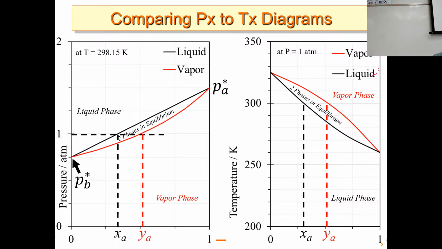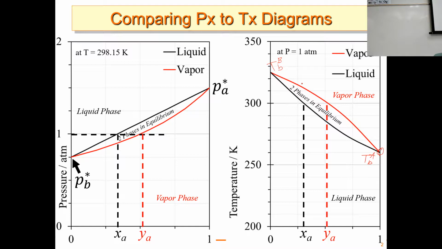So this is the boiling point of pure A right here, TB for A, and this is TB for B. I'll put a B superscript and an A superscript. So A has a lower boiling temperature than B.